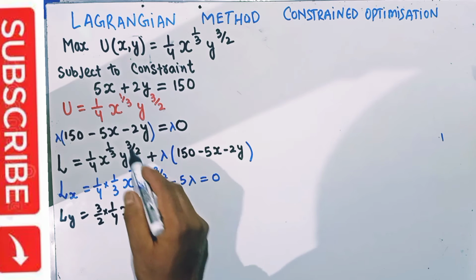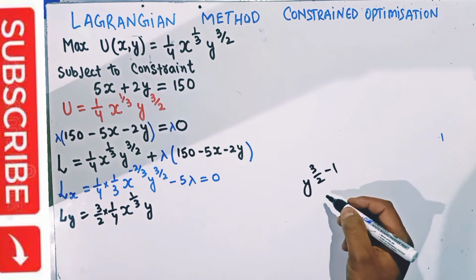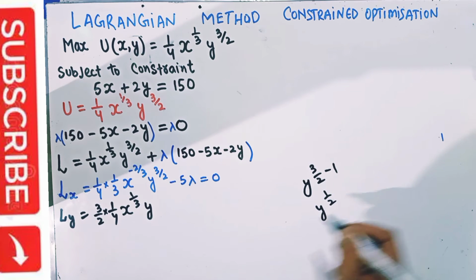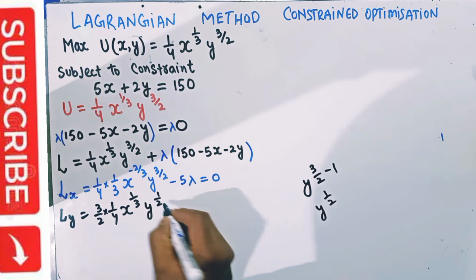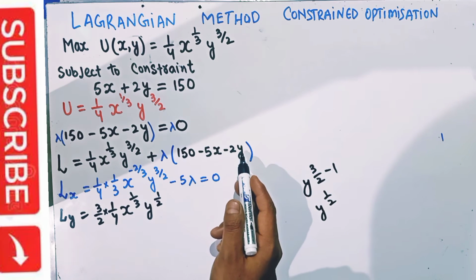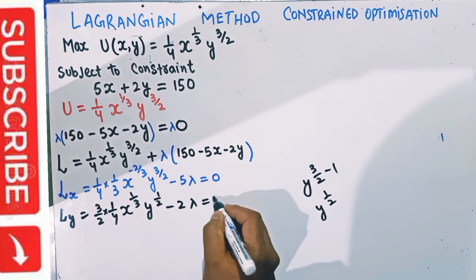The exponent of y, 3 upon 2, will be subtracted by 1, so it will become 1 upon 2. Similarly here, the derivative of y will be 1, so we will be left with minus 2 lambda, and we set it equal to 0.